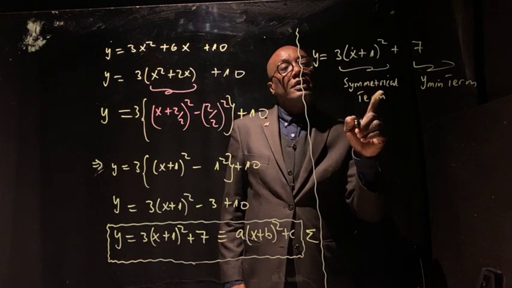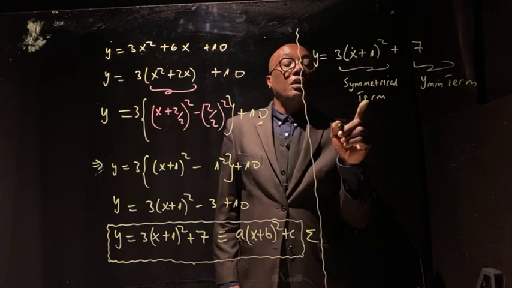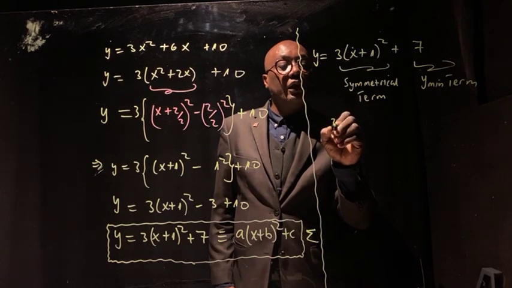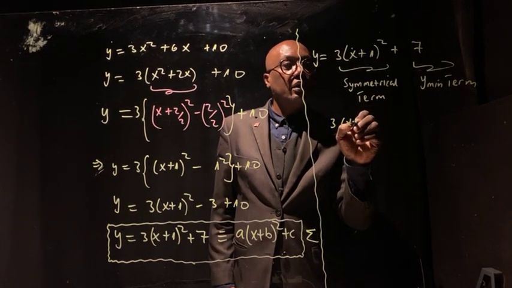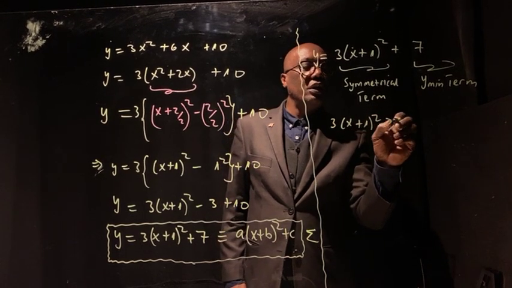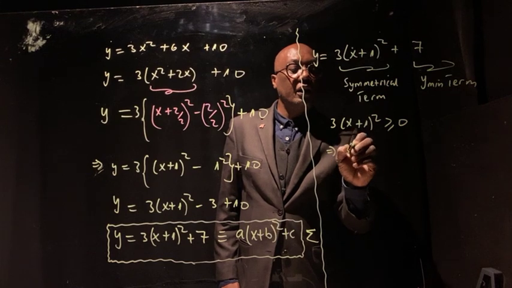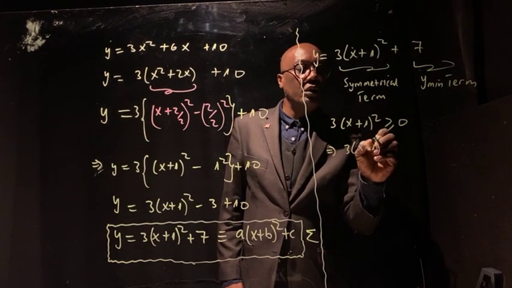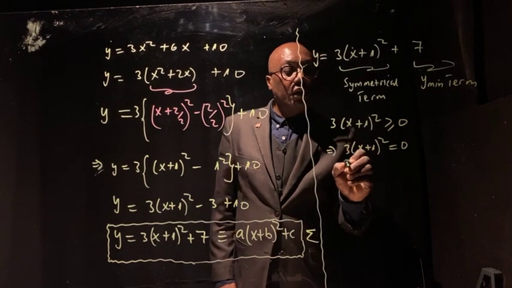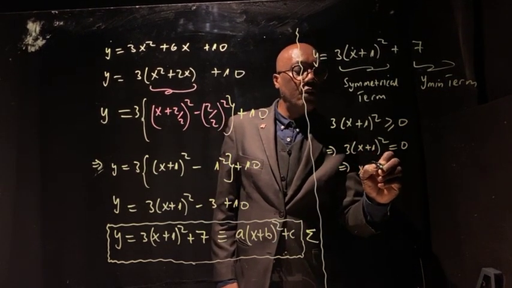The symmetrical term is a square quantity and it can never be negative. Therefore, we say that 3(x plus 1) squared is greater than or equal to 0, which implies x equals minus 1.